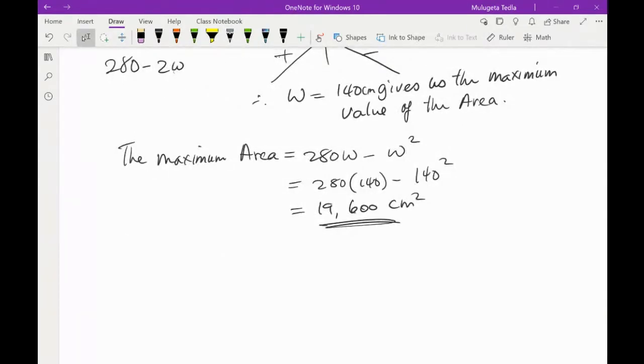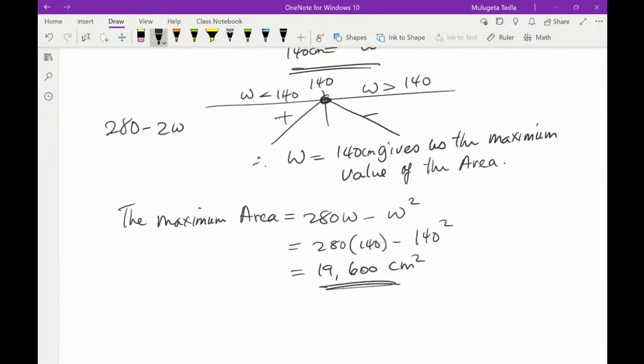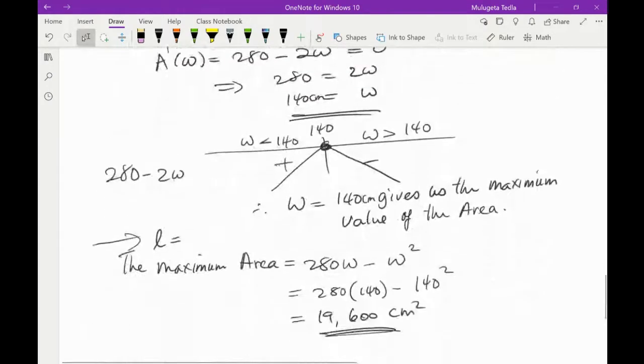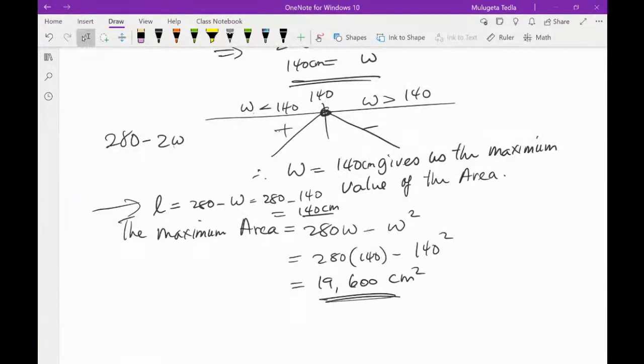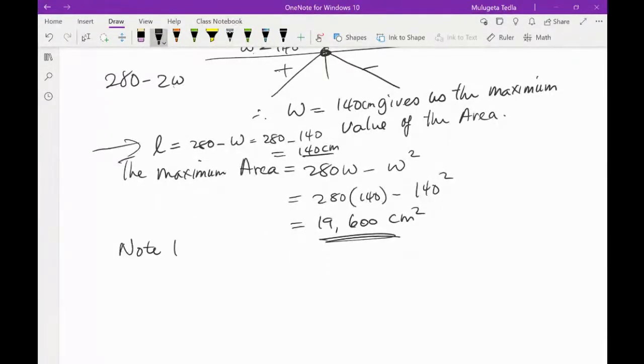I think the dimensions is what they ask, but okay, if w gives the maximum value of the area, I could say the length is, or the length was what? 280 minus w, which is 280 minus 140, which is equal to 140. So actually the maximum value is when it's a square.